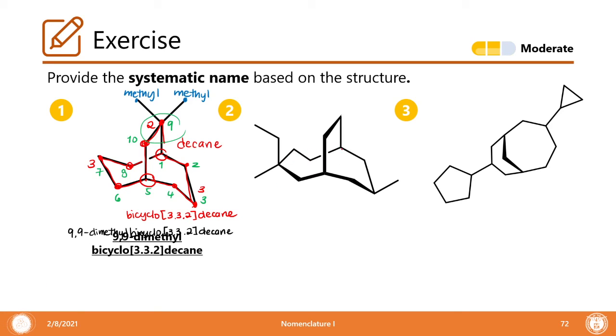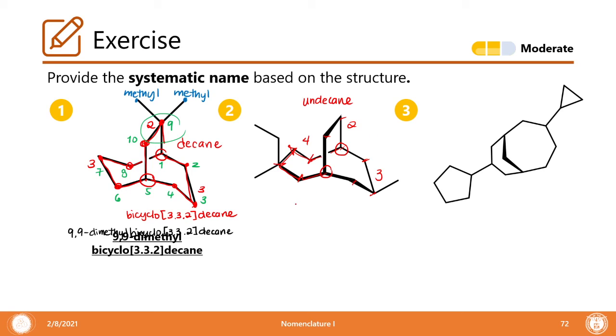Now, let's go to the next one. 1, 2, 3, 4, 5, 6, 7, 8, 9, 10, 11. So we have undecane. Bridgeheads. 1, 2, 3, 4. So we have 4 here. 1, 2, 3. 3 here. 1, 2. We have 2 here. Okay.